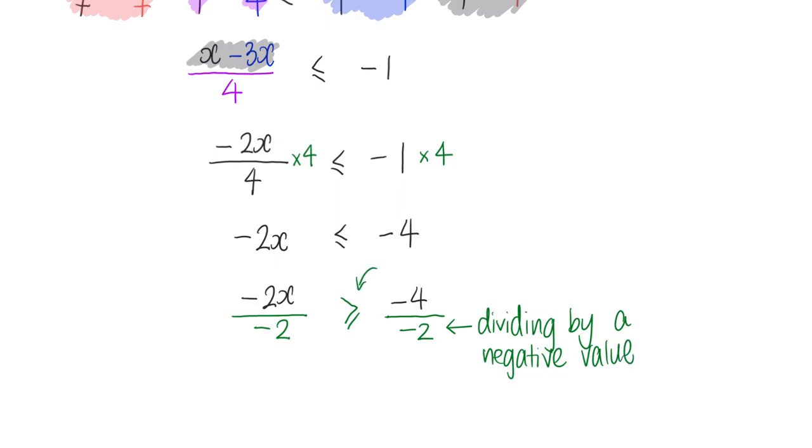Then we will have to change sign. And therefore, final answer coming soon. Negative 2 divided by negative 2 equals to positive 1x, bigger than or equals to negative 4 divided by negative 2 will give me positive 2.